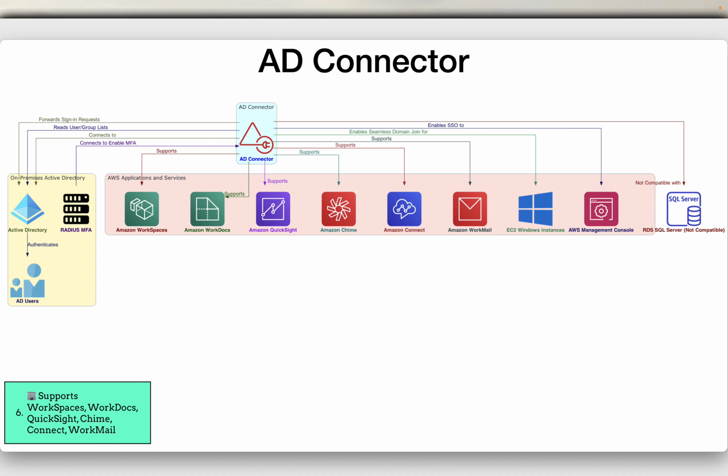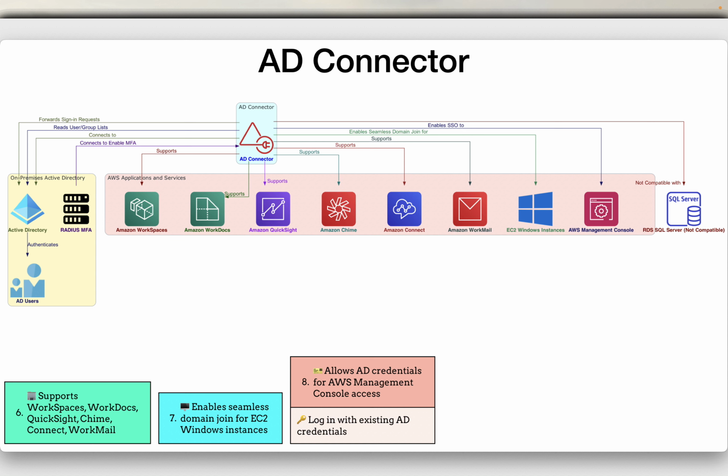AD connector works with many AWS applications and services including Amazon Workspaces, Amazon WorkDocs, Amazon QuickSight, Amazon Chime, Amazon Connect, and Amazon WorkMail. You can join your EC2 Windows instances to your on-premises Active Directory domain through AD connector using seamless domain join.